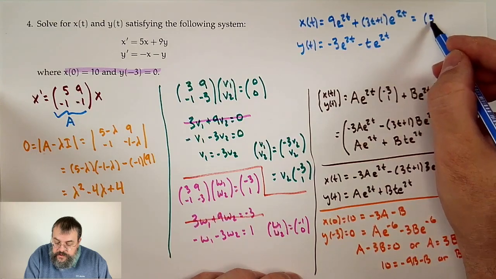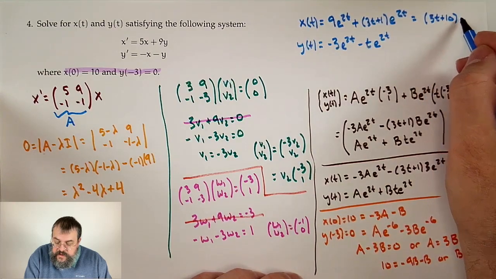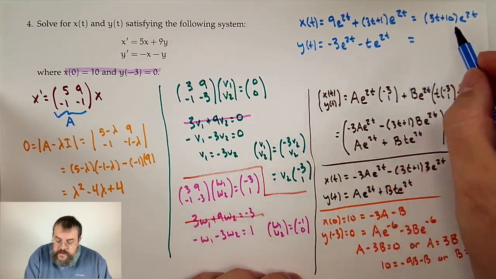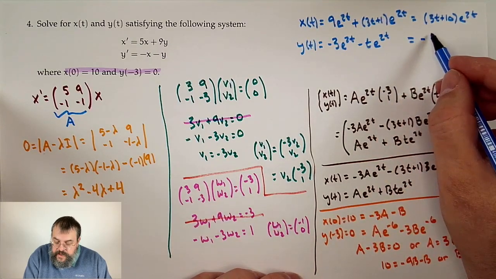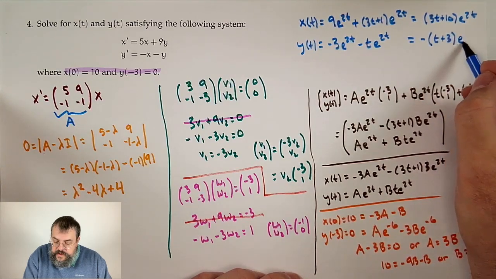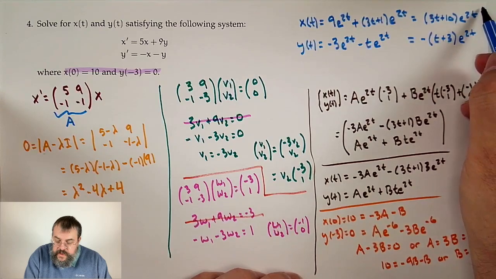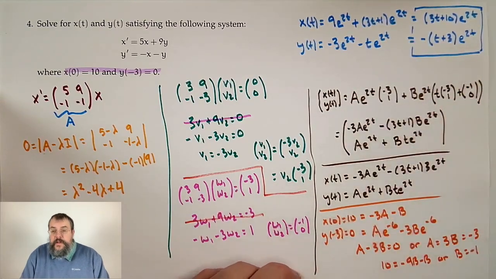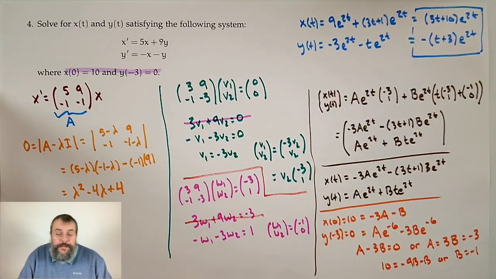So you end up with 3t plus 10 times e to the 2t. And for y, you can factor out a minus. You get minus (t plus 3) e to the 2t. And there we go. There are our answers: (3t plus 10) times e to the 2t, and negative (t plus 3) times e to the 2t.